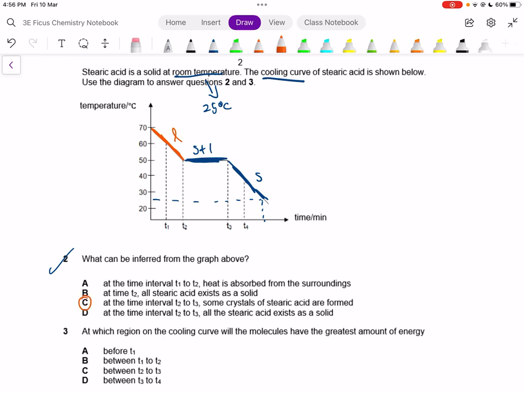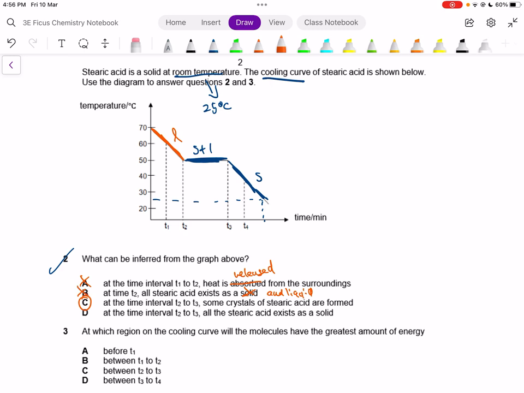Let's see why the rest are wrong. At time T1 to T2, heat is absorbed from the surrounding. No, it should be released to the surrounding. So A is wrong. At time T2, all stearic acid exists as solid. No, it should be solid and liquid. So also wrong.